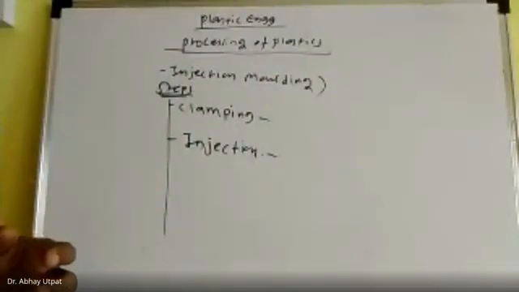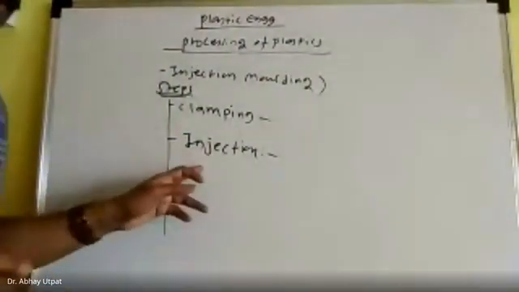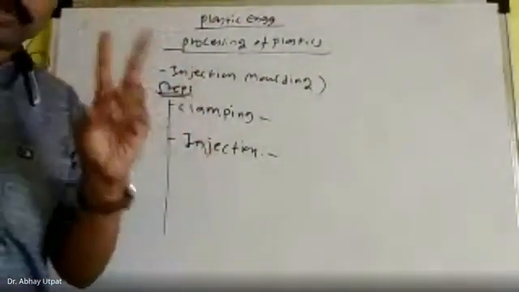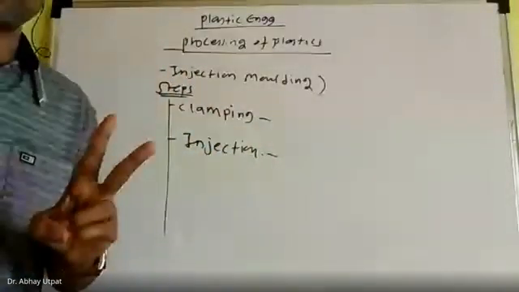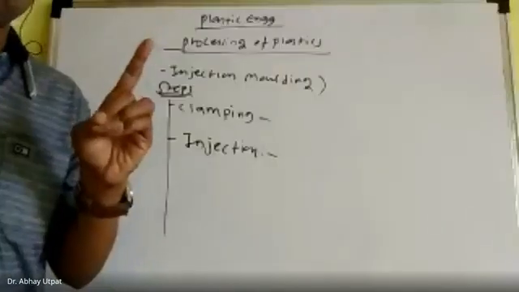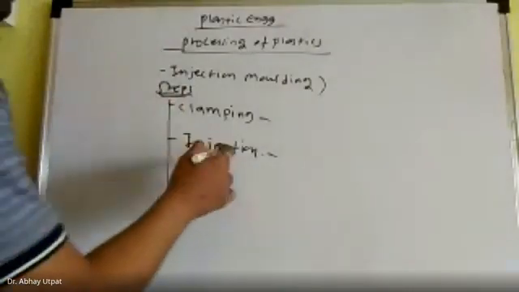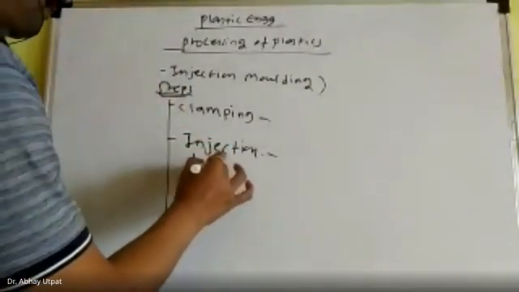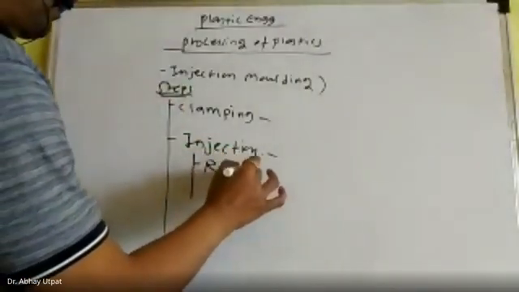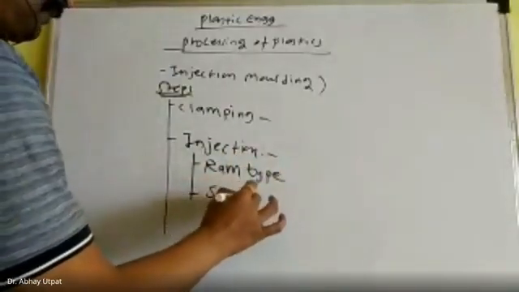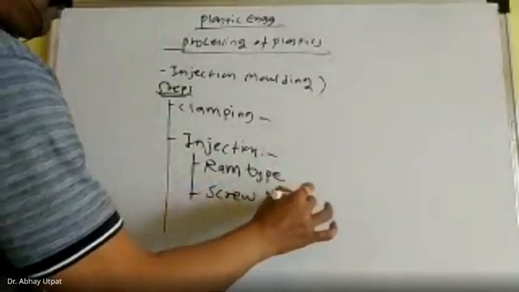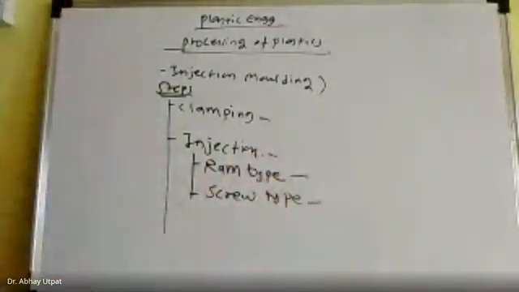Now, this injection is by two ways. I told you a few minutes before. First is ram type injection and second is screw type injection. Ram type injection means what?